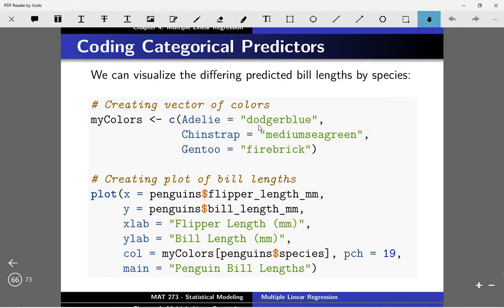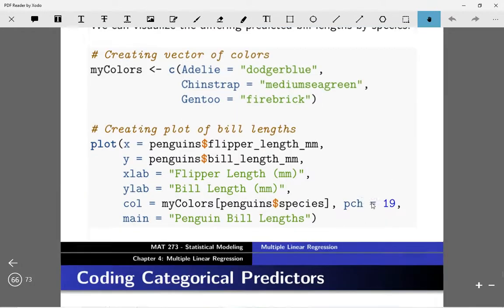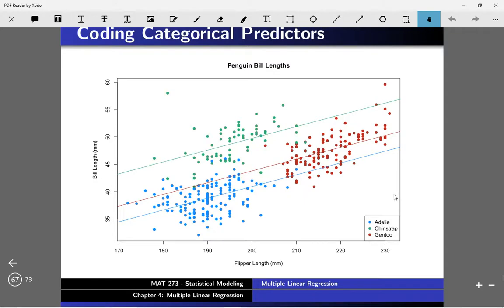But here let's visualize why we might even want to include species as a predictor in our model. I'm just creating a scatter plot here, coloring it by the penguin species, and I changed the point type to be a solid circle. Here we can see that, in general, as the flipper length increases, the bill length increases on average.